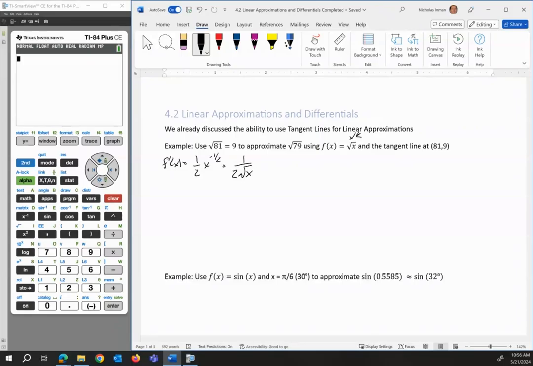We can then make the tangent line at x equals 81. So y minus the y value equals m times x minus the x value, and the slope m comes from our derivative. The slope at 81 would be 1/(2 times 9), which is 1/18.